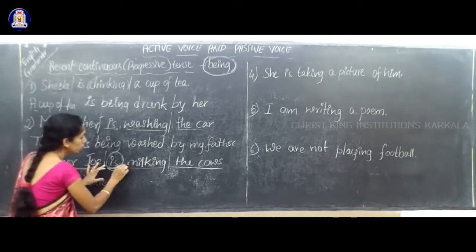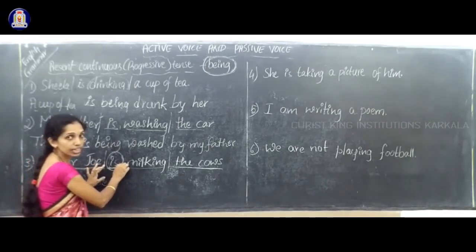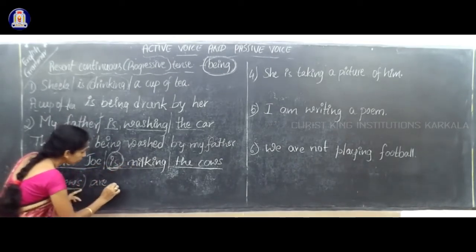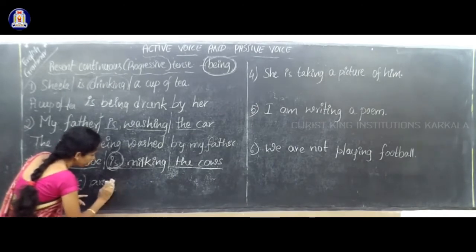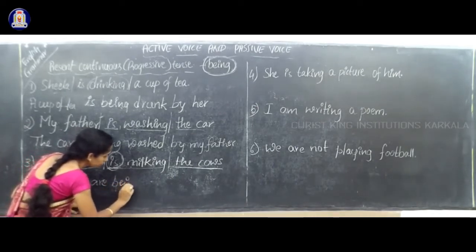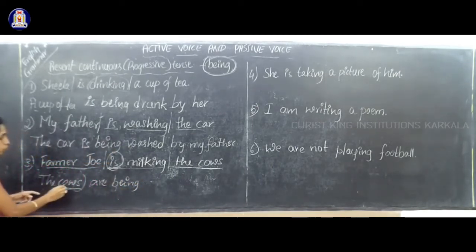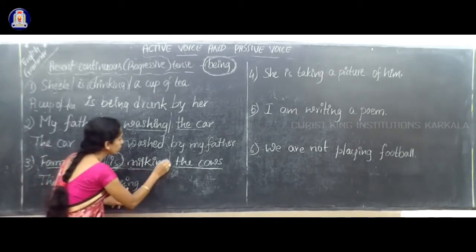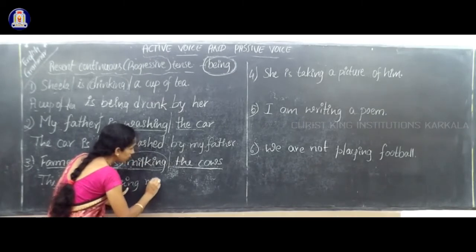Now, what you have to add? Who is the guest here now? In between, yes, he is the guest. Sorry, being, right? The cows are being. Now, what is the third form of the verb here? Milked.